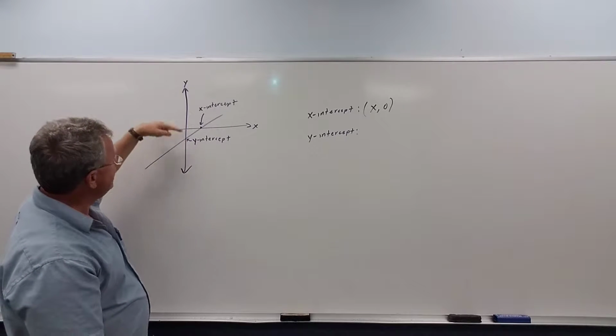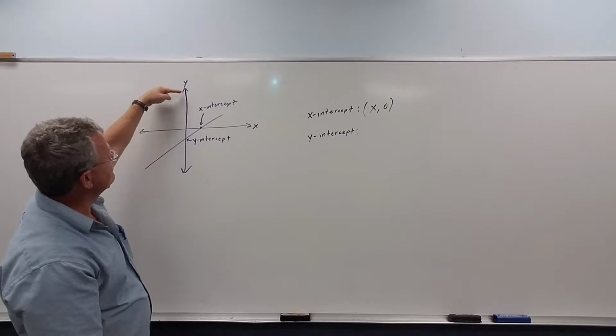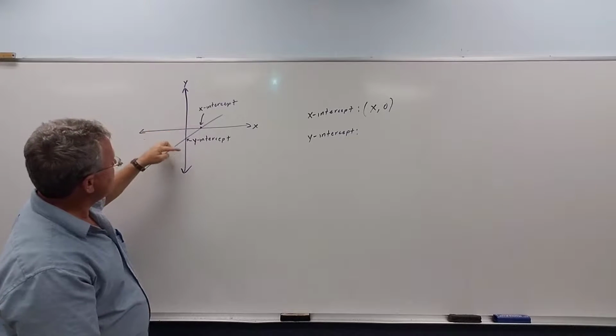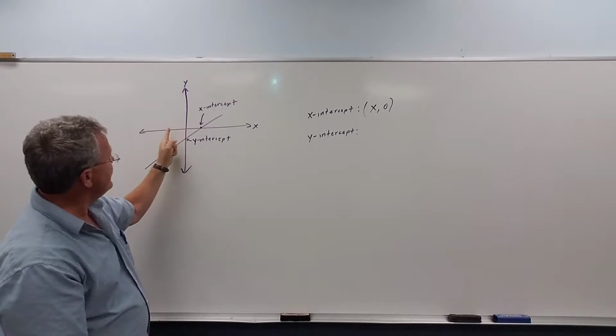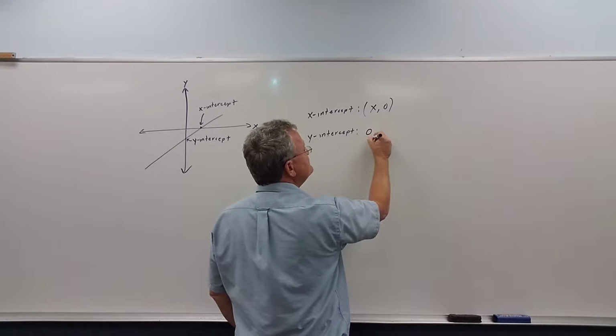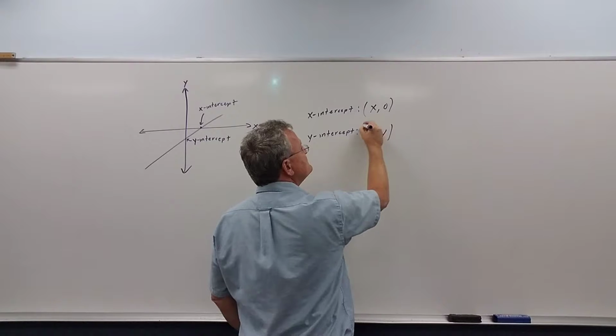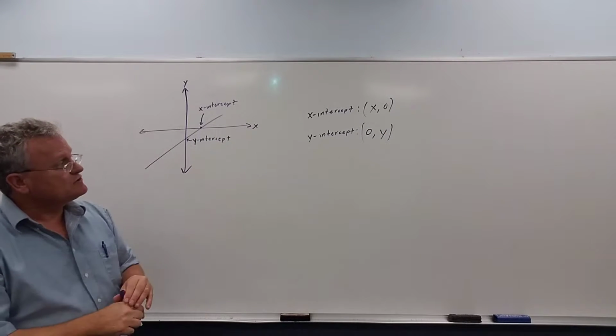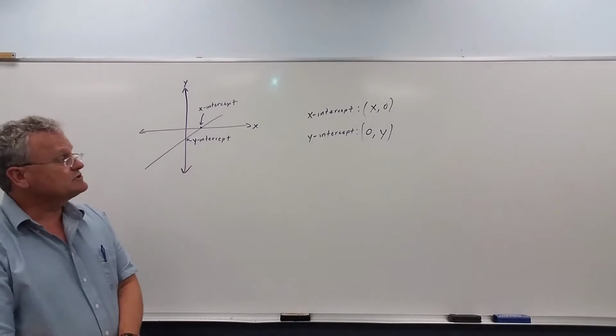Similarly, the y-intercept is going to be wherever the graph crosses the y-axis. Every point on the y-axis, x is 0. So the y-intercept is going to be (0, y), 0 comma some number. So those are the basic forms of the x and y intercepts.